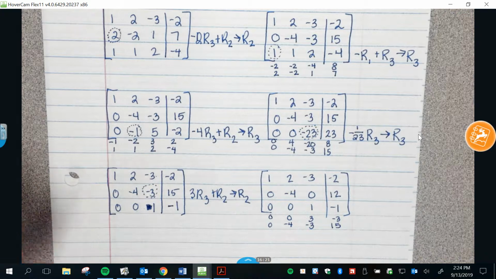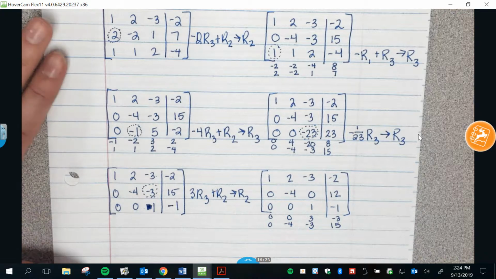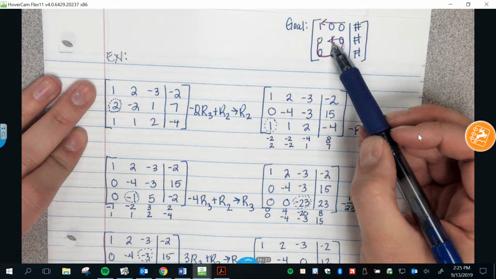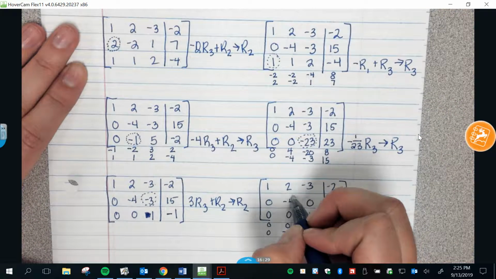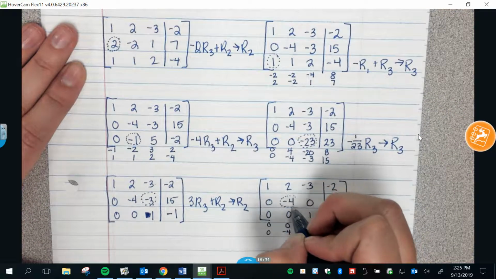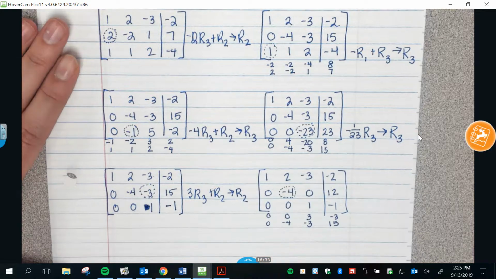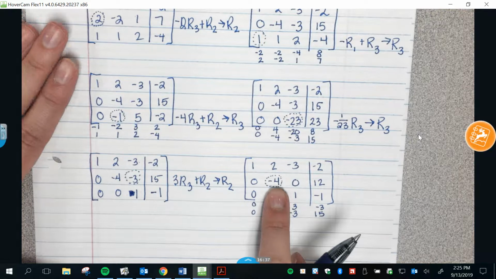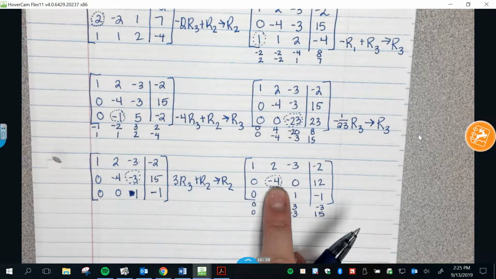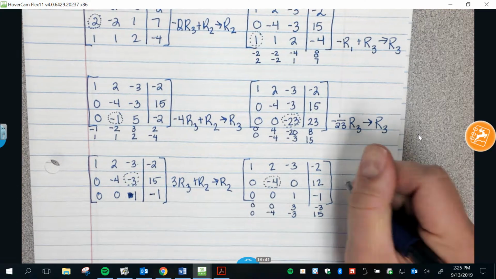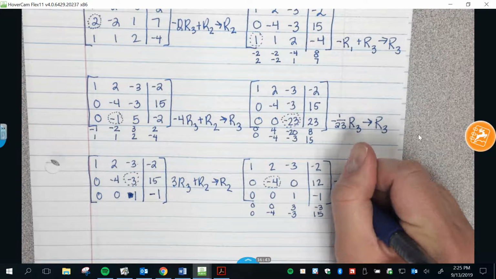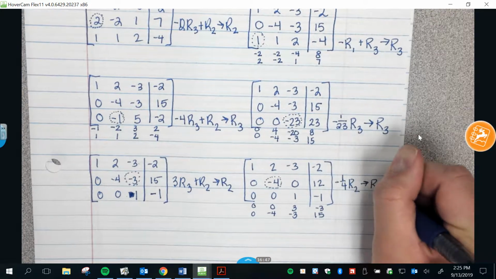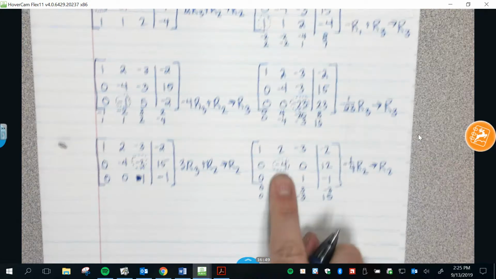Okay. Excellent. Now I look, what's next? Oh, now I got to tackle this middle one, and that needs to be a 1. Remember, when I want a 1, I'm not multiplying and adding, I'm just multiplying by the reciprocal. What's the reciprocal of negative 4? Negative 1/4, right? So this is going to be negative 1/4 times row 2 into row 2. That's going to make that a 1, right?